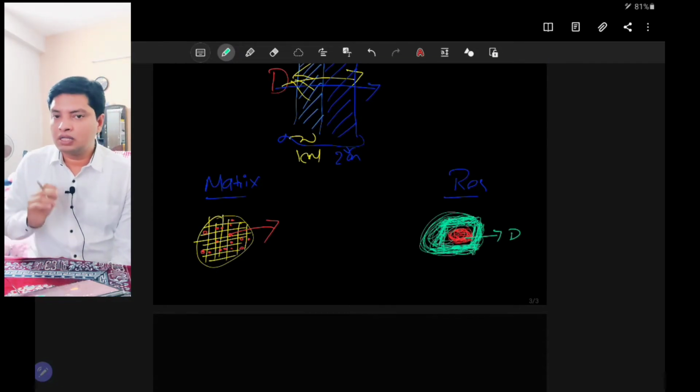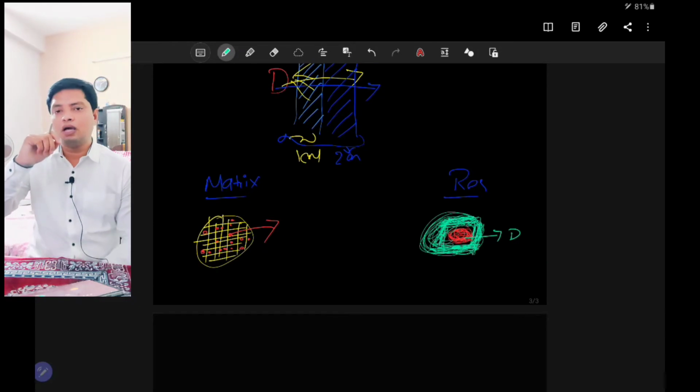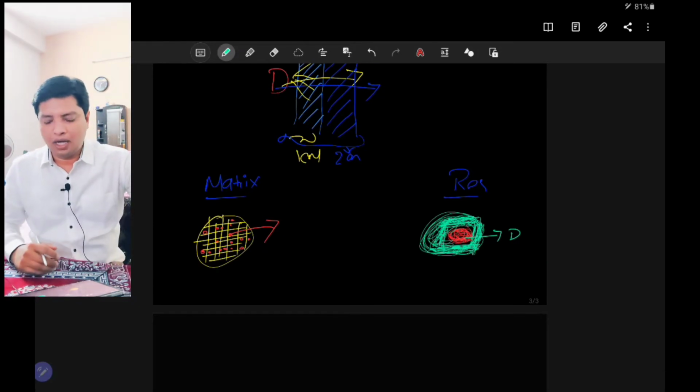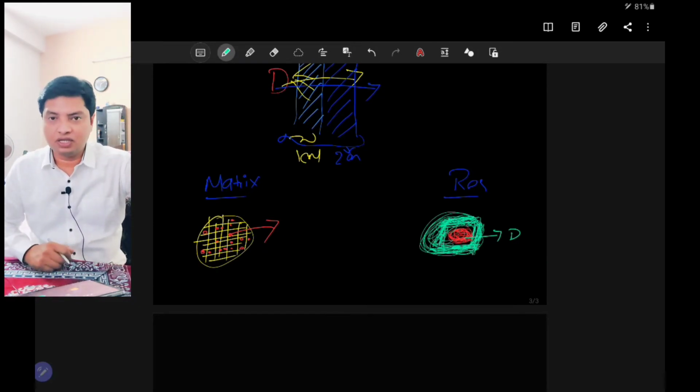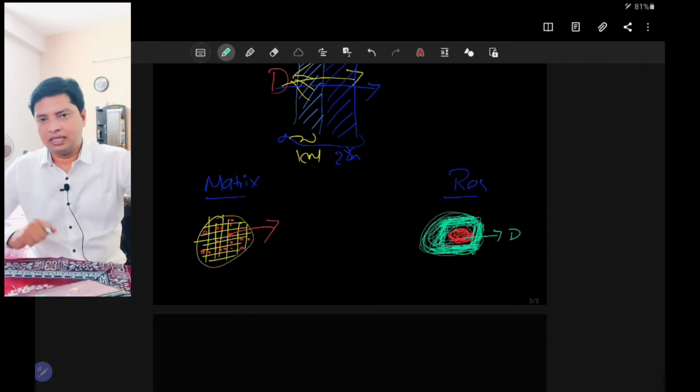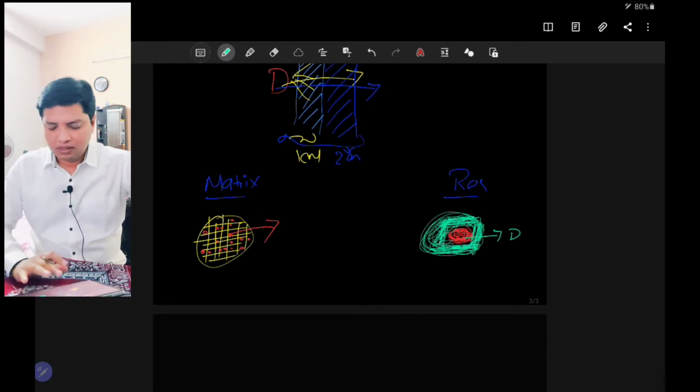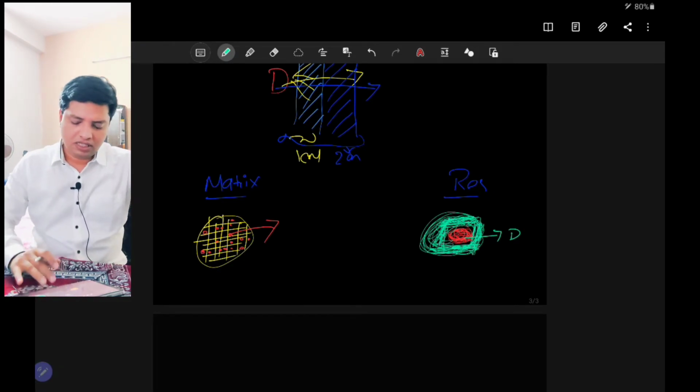Now we are controlling the diffusion of the drug through the membrane, that is your polymer, hence the name diffusion control.